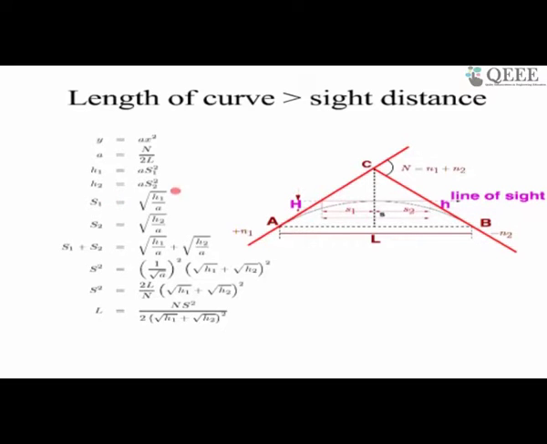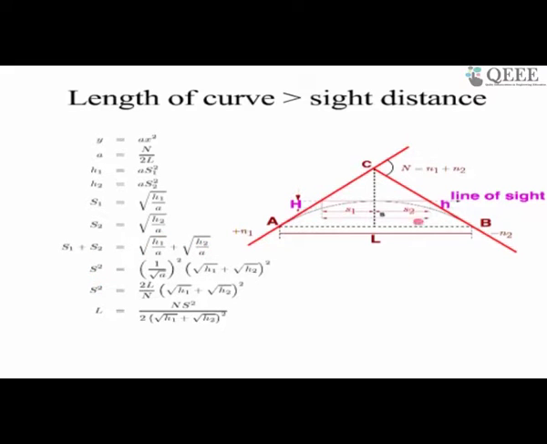Now let's look into what s1 and s2 are. This is clearly written: s1 is root over h1 by a and s2 is equal to root over h2 by a. So the total of s1 and s2 is going to provide me the sight distance. So s1 plus s2, we are going to get this equation.